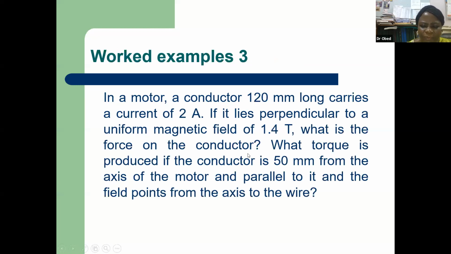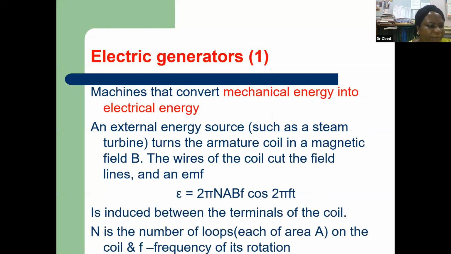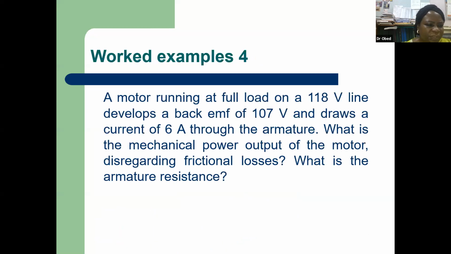We saw that last week. I gave you a worked example, which I believe all of you attempted to do. So take notes. Before we go on to generators, note that the back EMF of a motor depends on the rotational speed of the armature and increases from 0 to some maximum value as the armature goes from rest to its normal operating speed.